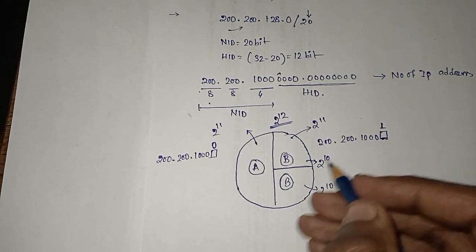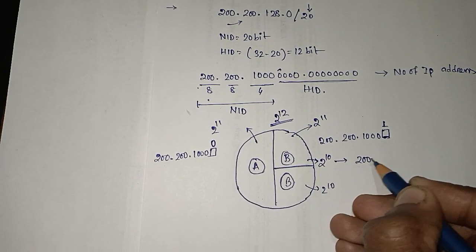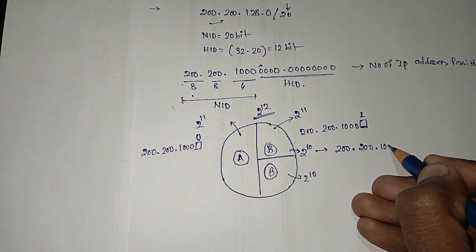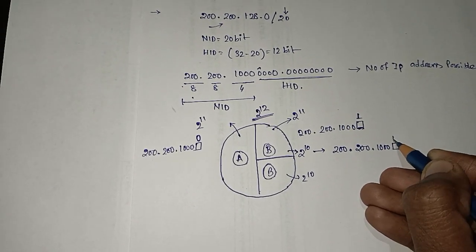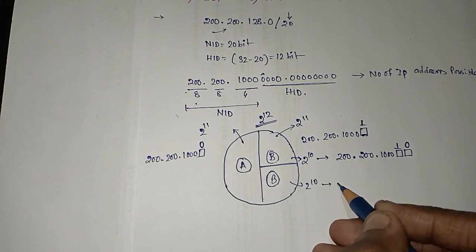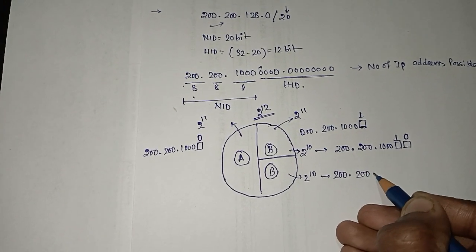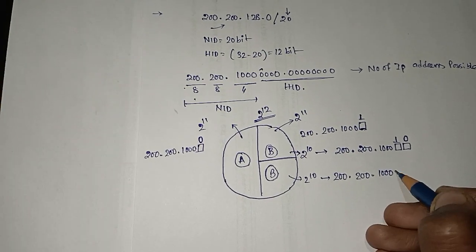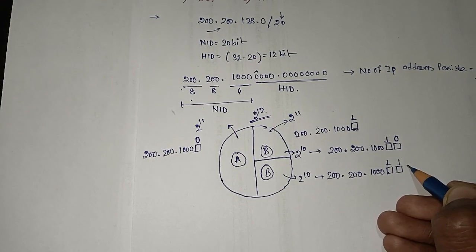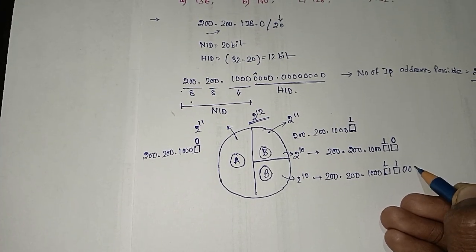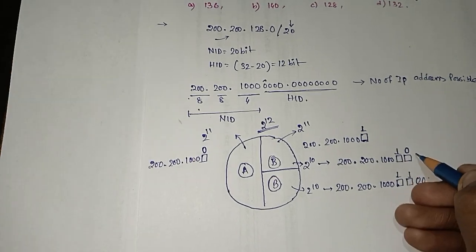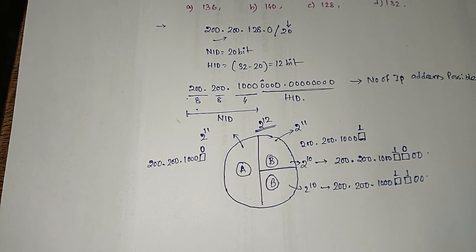Here we have to borrow one extra bit. So for this we take one bit, and for the second part we take one bit extra. The last two bits are 0 0.